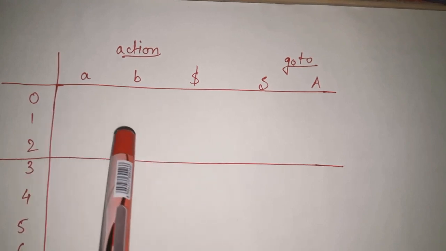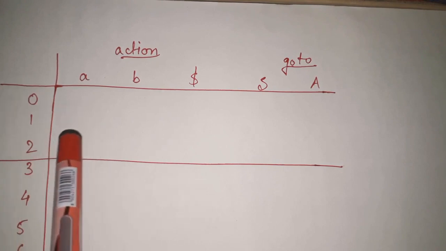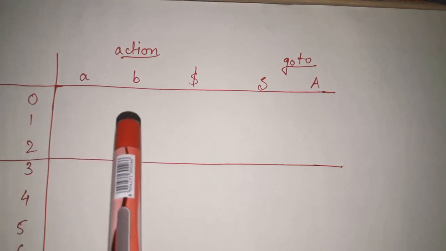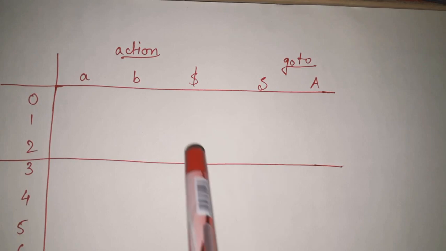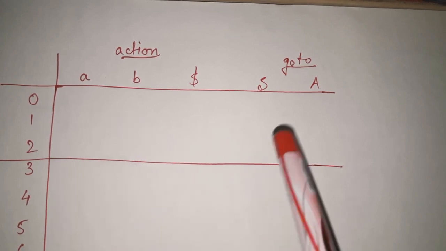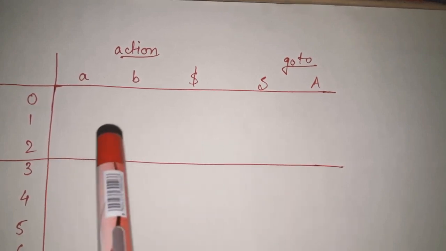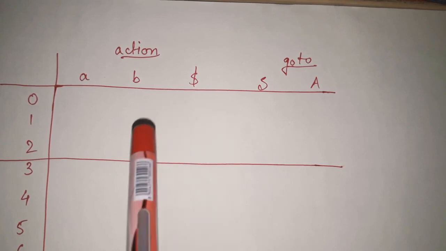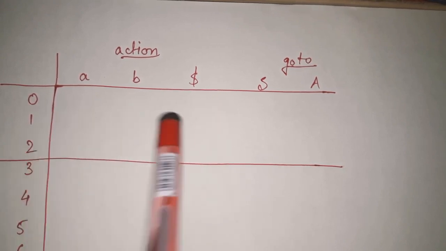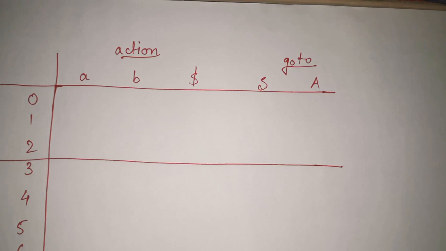It is actually simpler than those two also. In this we don't have to calculate anything. We are already having look aheads in our states. We just have to look at those look aheads and enter our reduction moves there. That's it.